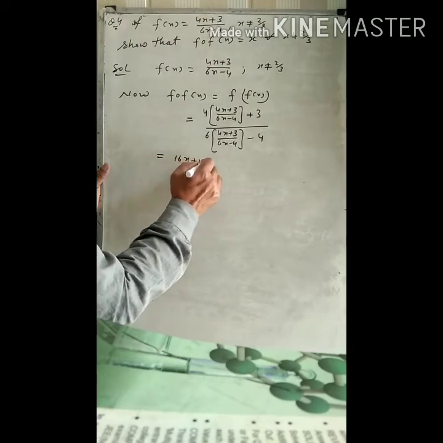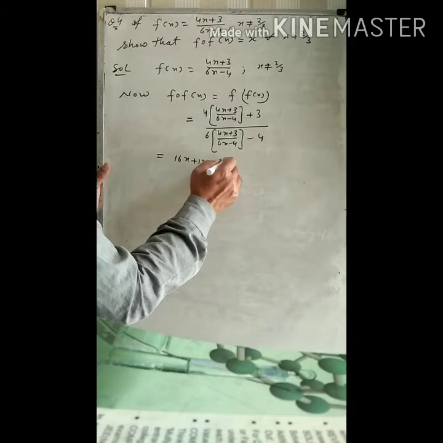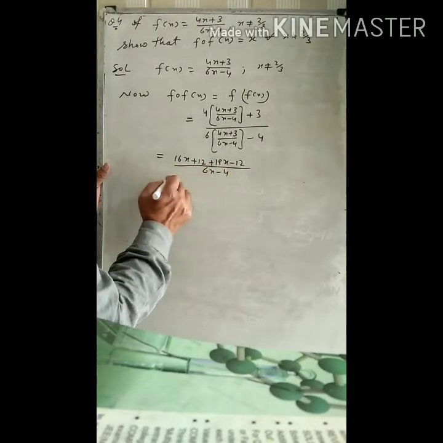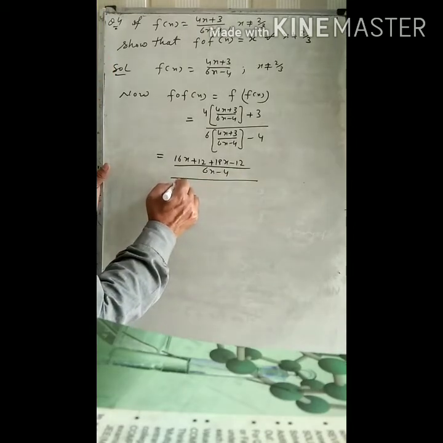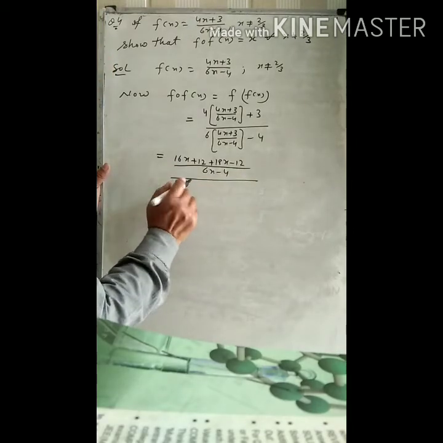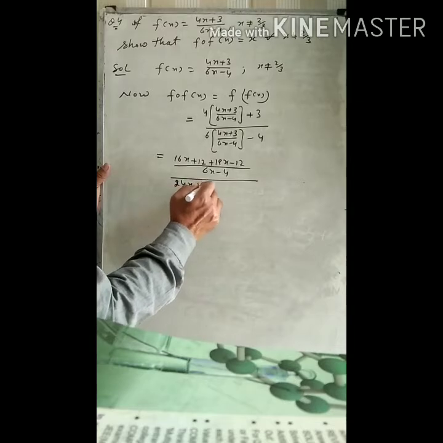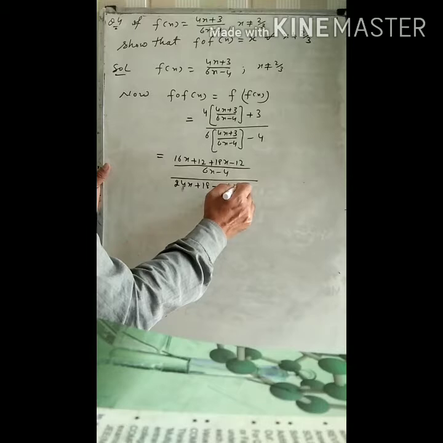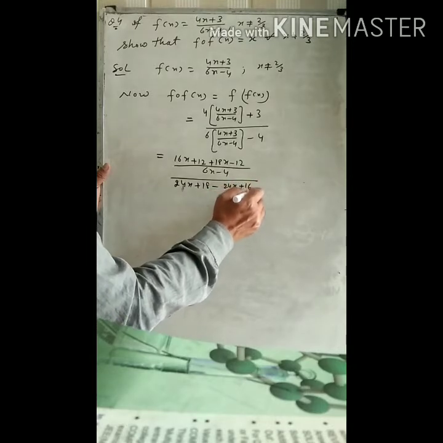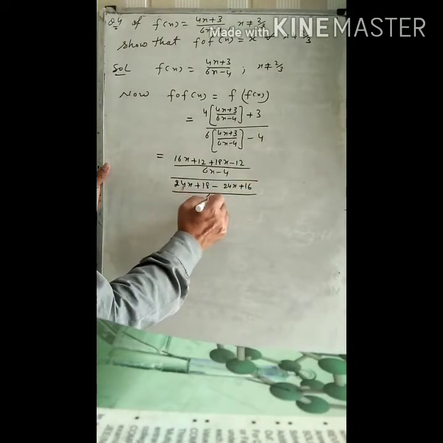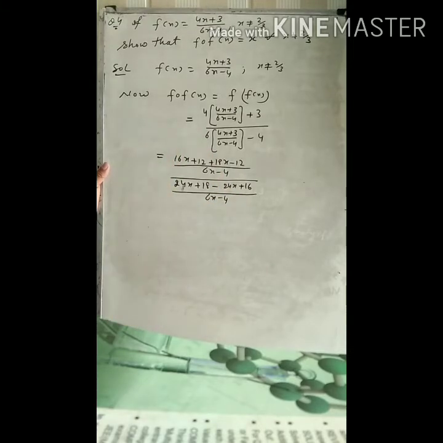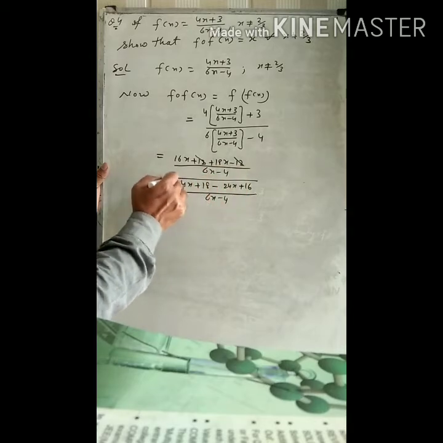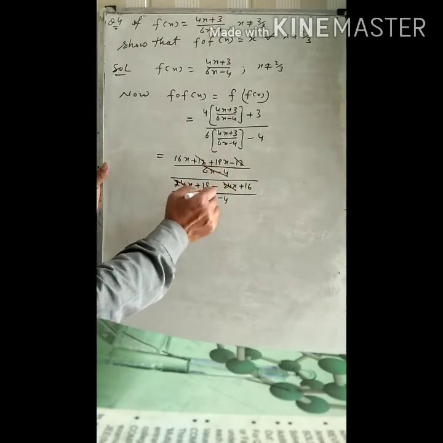(16x+12+18x-12)/(6x-4) upon (24x+18-24x+16)/(6x-4). 12 and 12 cancel, 24x and 24x cancel, that is this.